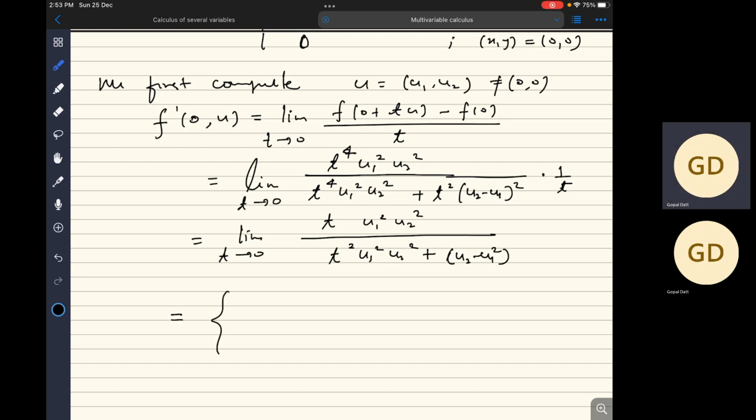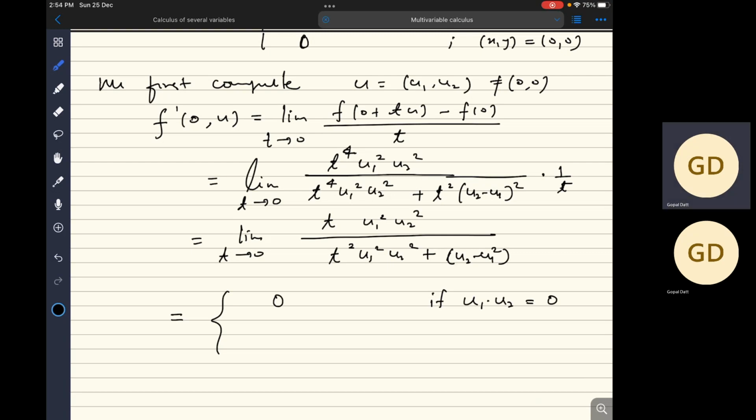If u1 u2 is 0, meaning either of u1, u2 is 0, then the limit is 0.